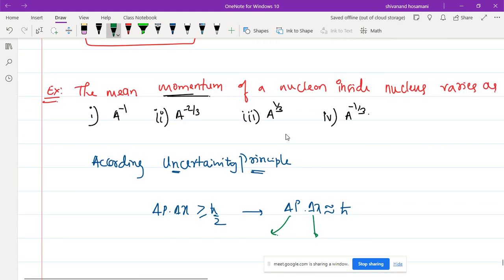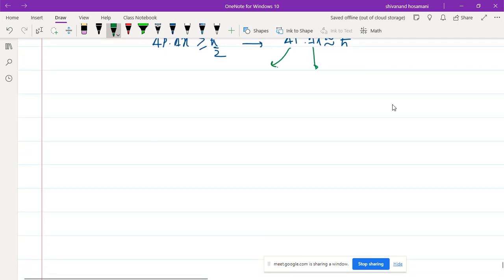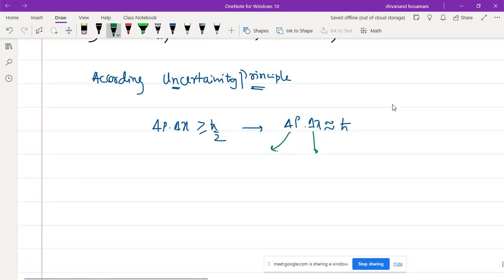So they are asking about a nucleon inside the nucleus. What is the maximum uncertainty in the position of the nucleon in the nucleus?